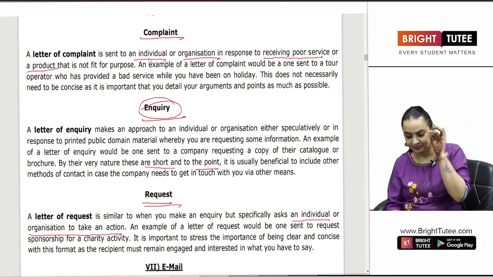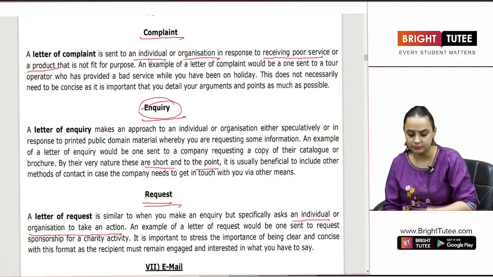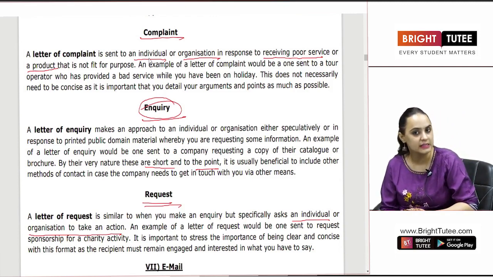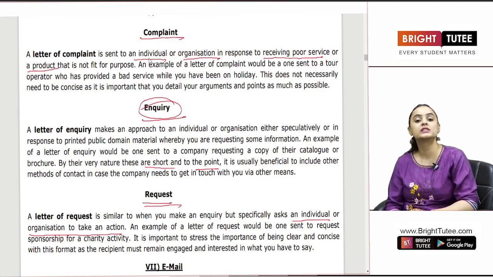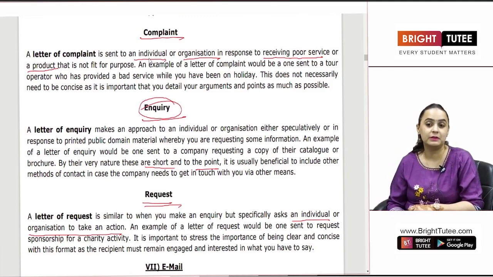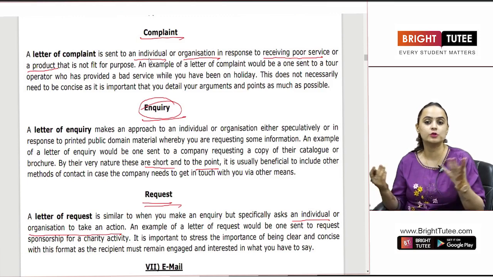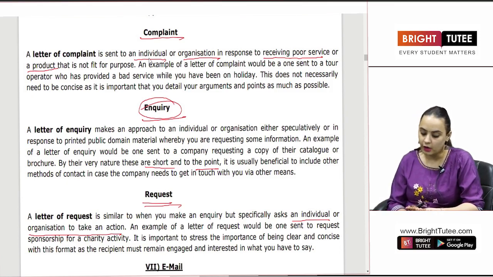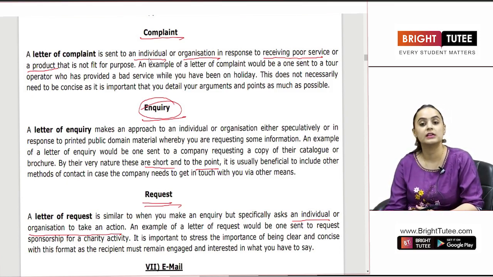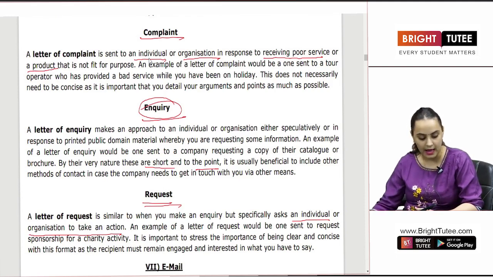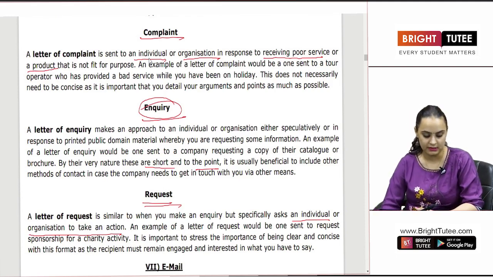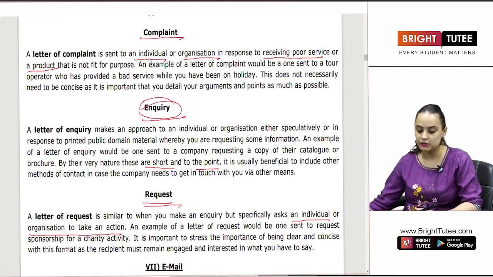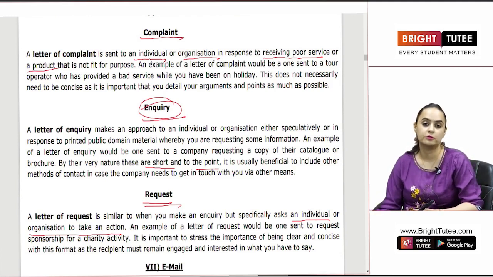Imagine you are organizing a charitable event and you need sponsors for that. You need people who can sponsor the event so that the funds can come to you. And for this, you decide to write a letter of request. Now, it is important to stress the importance of being clear and concise with this format, as the recipient must remain engaged and interested in what you have to say.